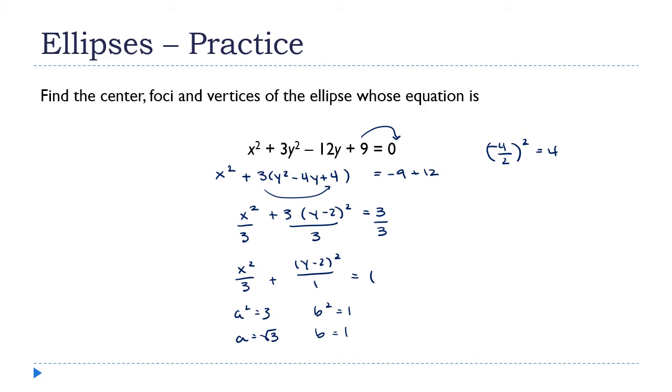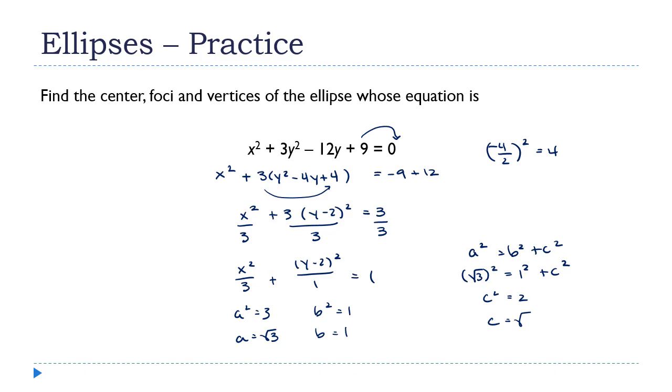And now I can get c. A squared equals b squared plus c squared. Let's put numbers in. Square root of 3 squared equals 1 squared plus c squared. Square root of 3 squared is 3. 3 minus 1 is 2. So c squared equals 2.